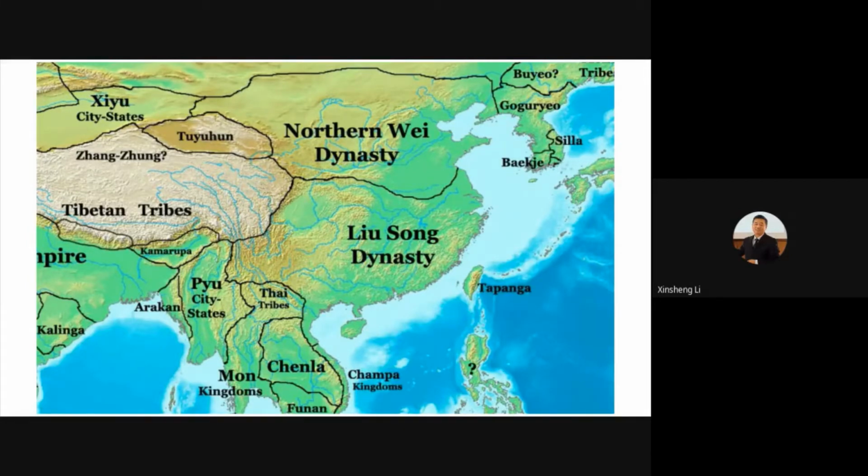And the southern dynasties inherited the tradition of the Jin dynasty, or the tradition of the central plains culture.